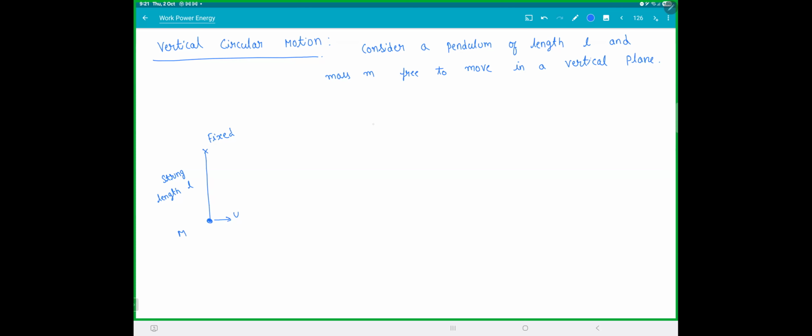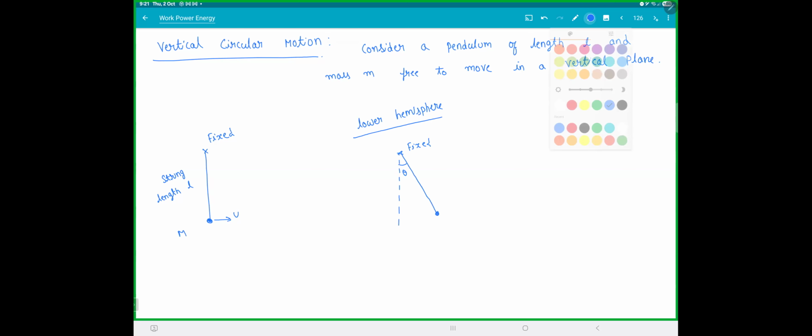you will notice when you're in the lower quadrants or the lower hemisphere, no matter how much this thing swings, look at the forces.